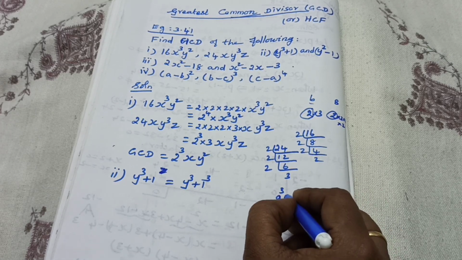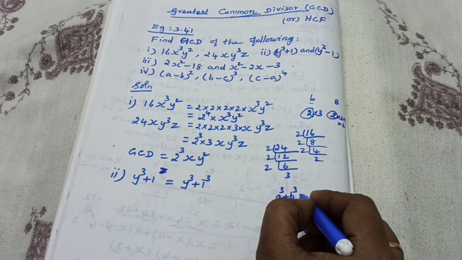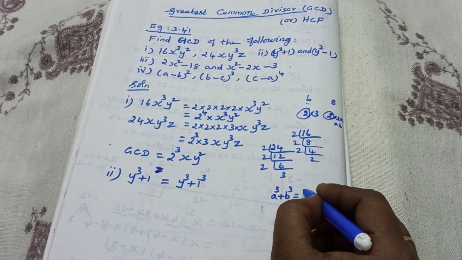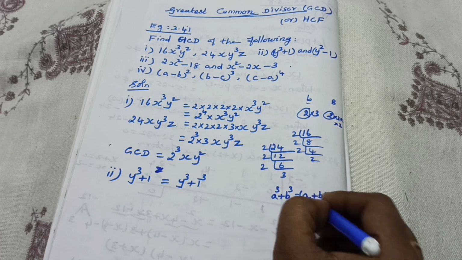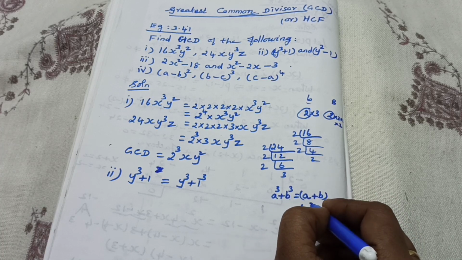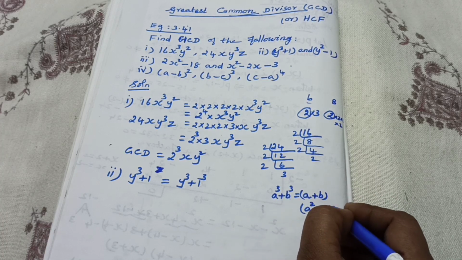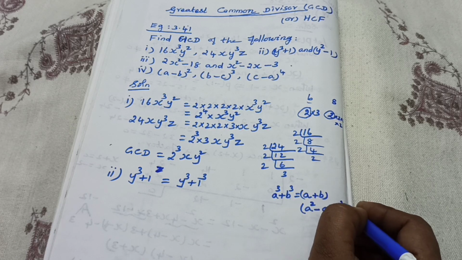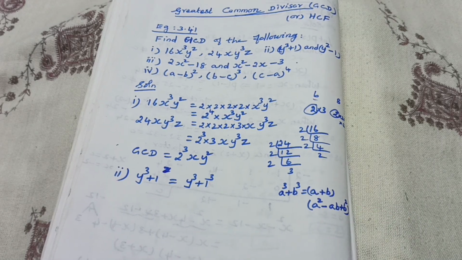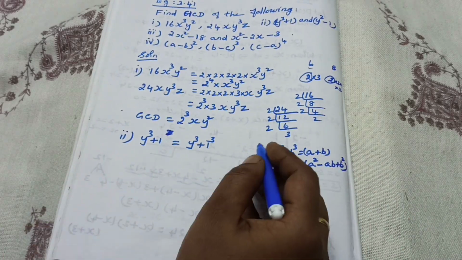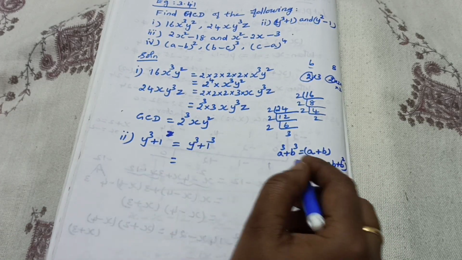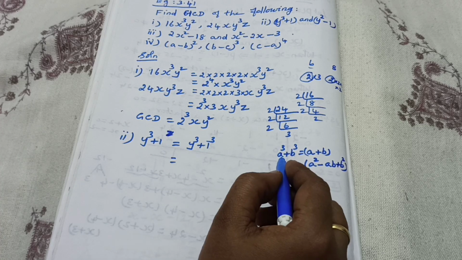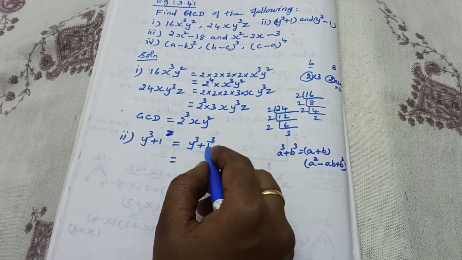Already you know, a cube plus b cube is equal to, what's the formula? a plus b into a square minus ab plus b square. Can you remember this formula? With the help of this formula, you have to write the expansion.